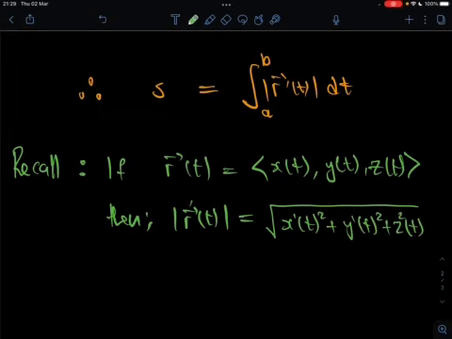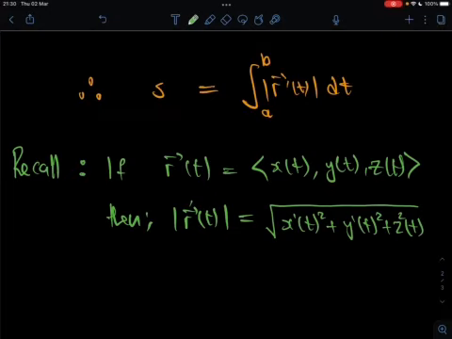So these are things that you should know. What is the meaning of the absolute value of r prime t? It has the same meaning as that because r prime t is a position vector whose components are always x of t, y of t, and z of t, you see.